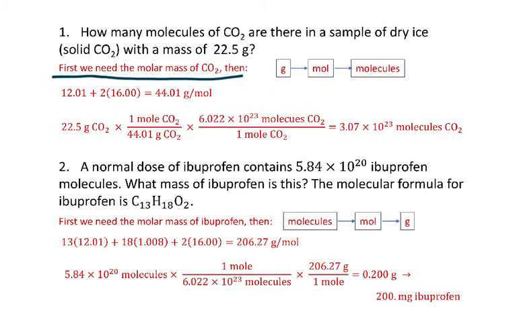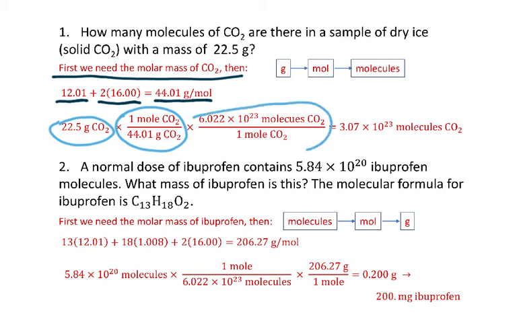And we find the molar mass by looking up carbon and two oxygens, adding those up to get 44.01 grams per mole. And then we'll take our measured mass, times the molar mass to get moles, times Avogadro's number to get molecules, and that gives us 3.07 times 10 to the 23 molecules of CO2.